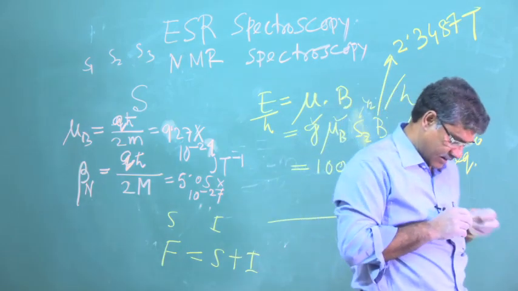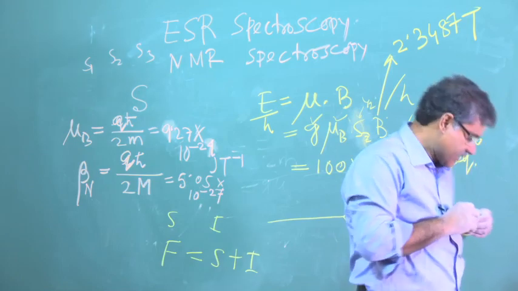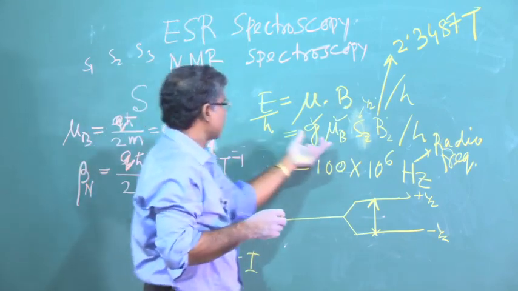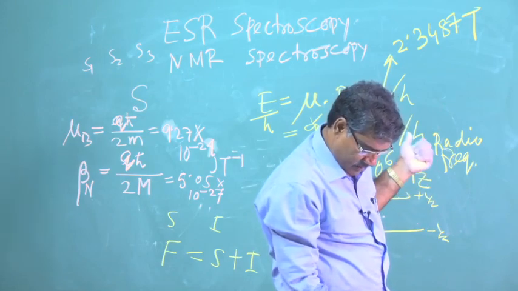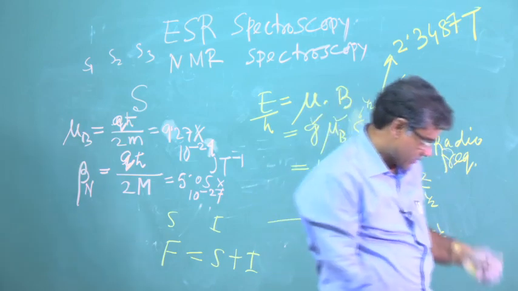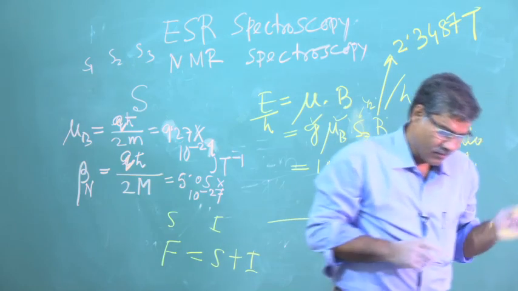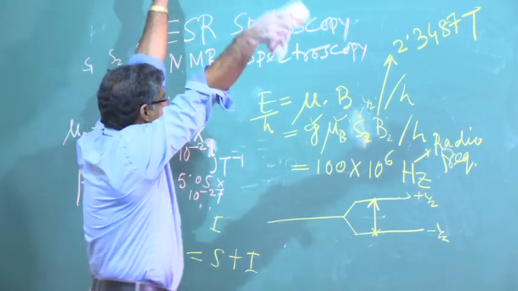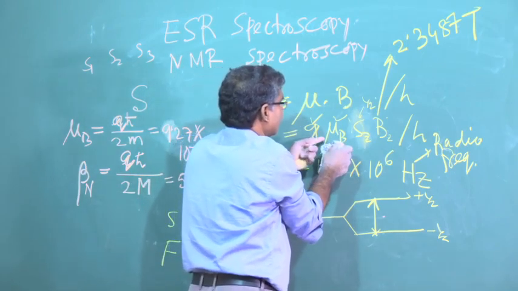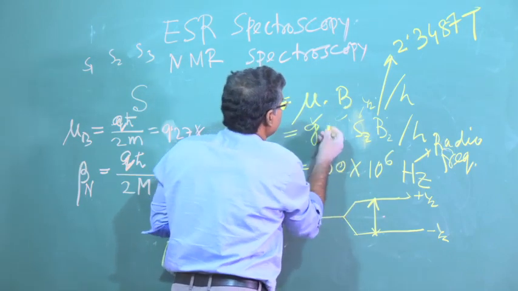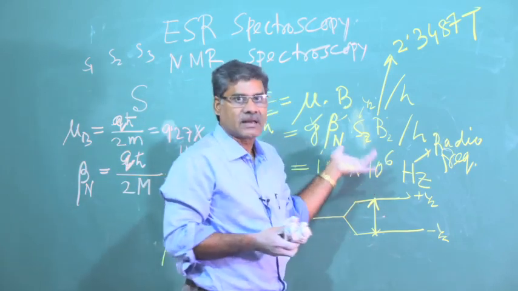Now, I made one mistake. Whatever I am showing, I think I have made a mistake. The calculation I have done is for the electron, but here it should be for the nucleus. For the nucleus, whatever I have shown you here, I will write beta n, and the other things are the same.